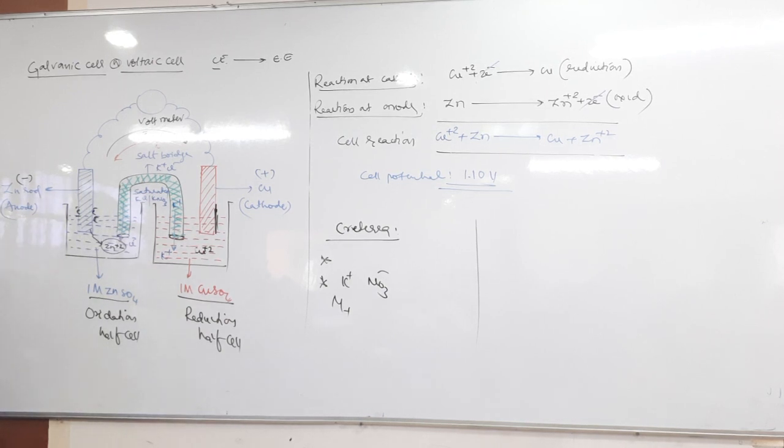Next point. Both oxidation half cell and reduction half cell are internally connected through salt bridge, and externally connected through voltmeter.